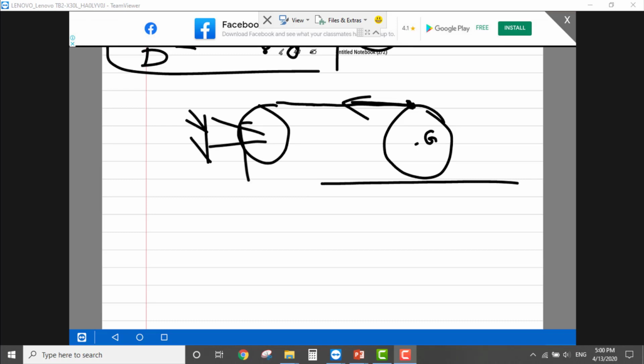So if this is done without slipping, if this is 0.8, that means this point is 0.8 again, this point here, and this point here is again 0.8. If I want to name this point E, so VE equals 0.8.